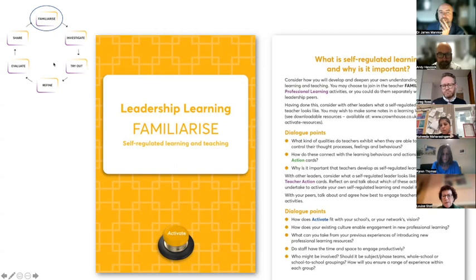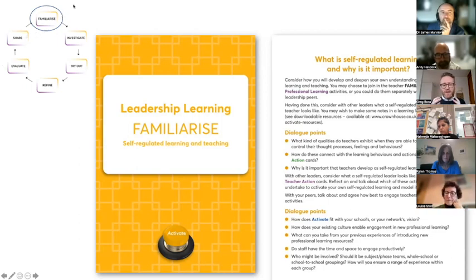How am I providing protected opportunities for teachers to think deeply about how they're developing self-regulated learning in themselves and their students? And also thinking in some detail about who are the teachers we have in our school who might be the key people to get this started or to really engage.